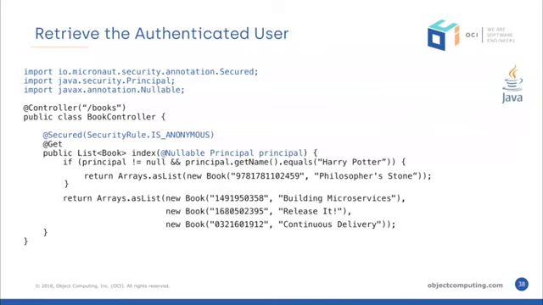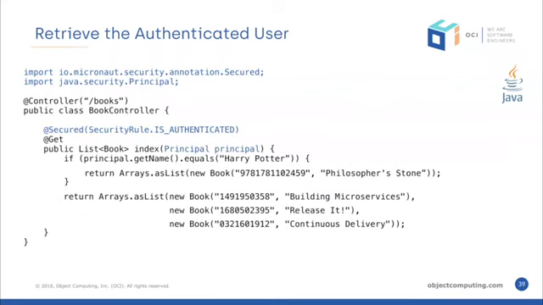If the user is authenticated, Micronaut will bind the authenticated user to that parameter. If not, it will be null. So if you see there, the second line checks that principal is not null, calls principal.getName and returns a different list of books. If the endpoint is only for authenticated users, you will not need to add the @Nullable annotation.